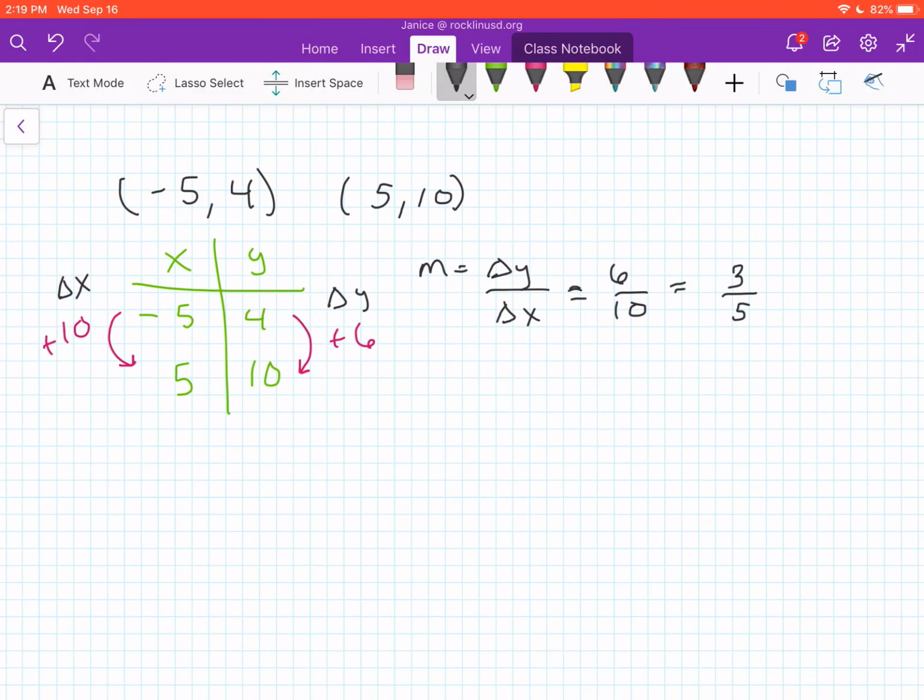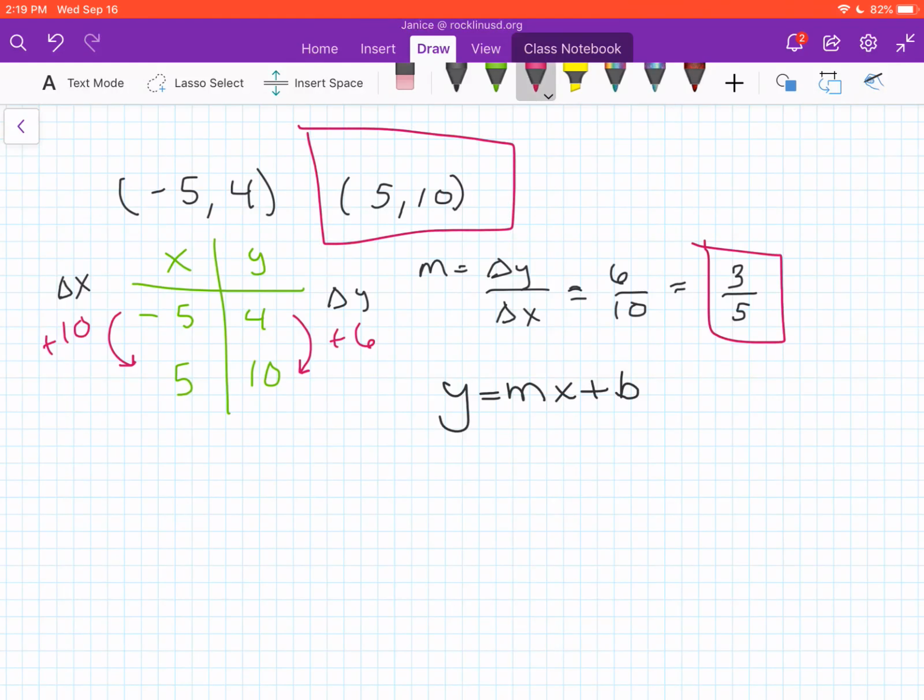Okay, so next step is we're going to take y equals mx plus b. We're going to substitute in our slope, which is this number right here. We are going to substitute in one of our points. I choose this one because I like positive numbers. That's really the only reason.